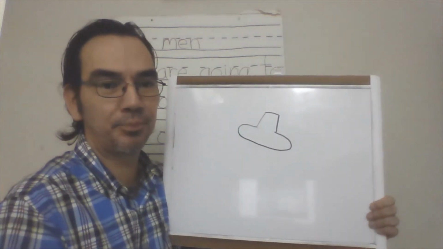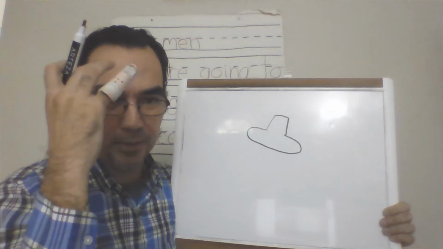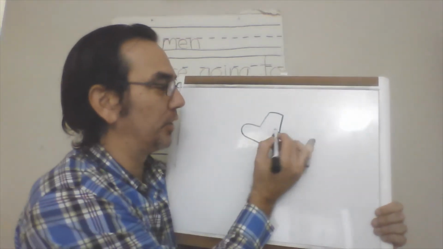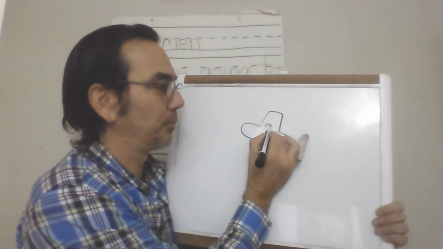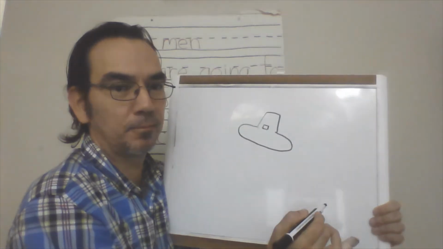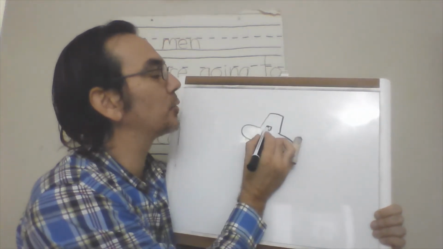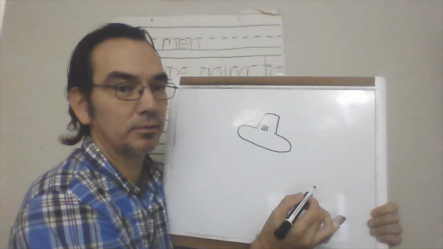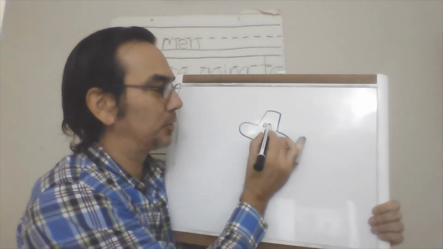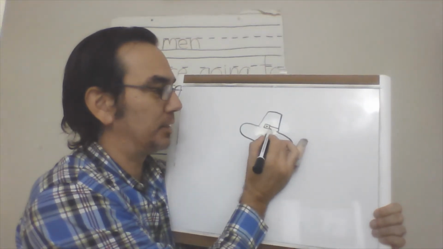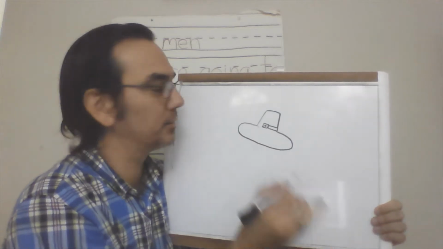There we go. Now, if you ever see those old pilgrim hats, there's a buckle on there. So I'm going to draw a buckle right about here. And then put a tiny square inside that square. Now I'm going to draw a couple lines here because it was always strapped onto the hat.